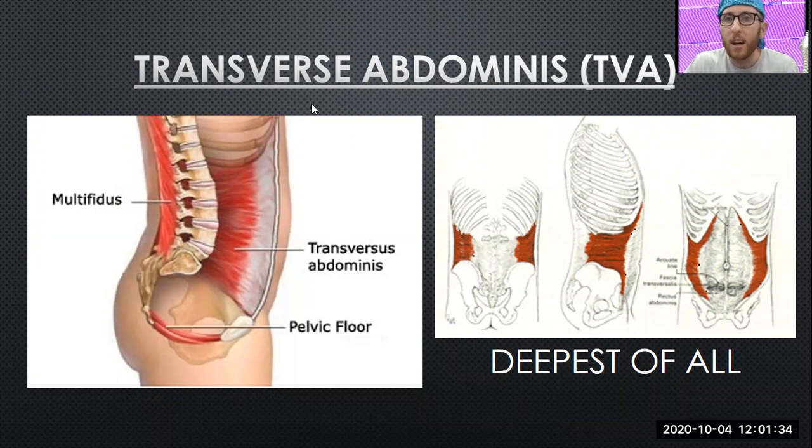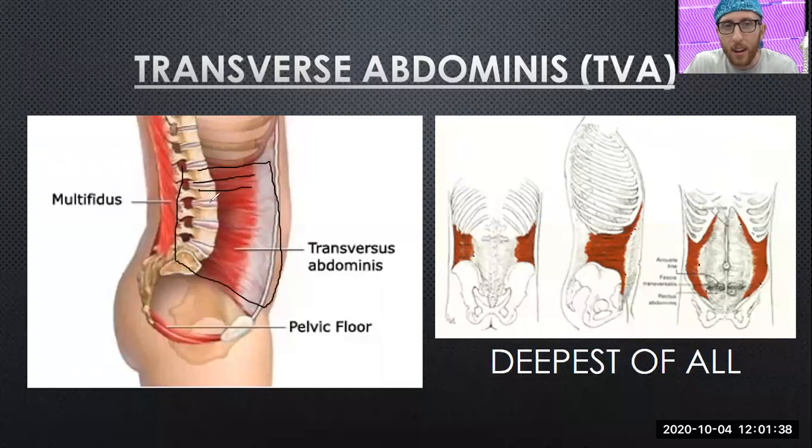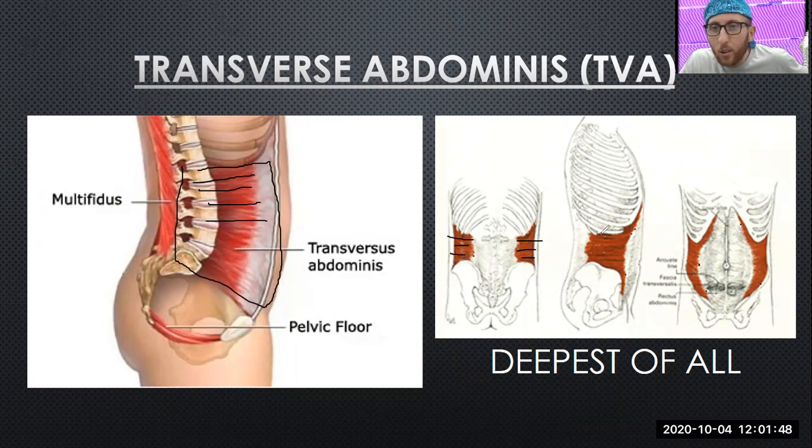So this transverse abdominis right here, a muscle that has transverse fibers running horizontally, as you can see here, wrapping around the lateral side, the anterior side, as well as a little bit posterior as well. So you got a posterior view, lateral view, and anterior view of that transverse abdominis muscle. And this is the deepest of all the abdominal muscles.